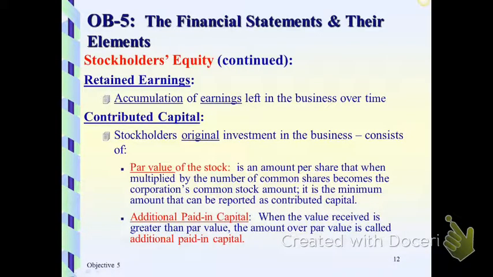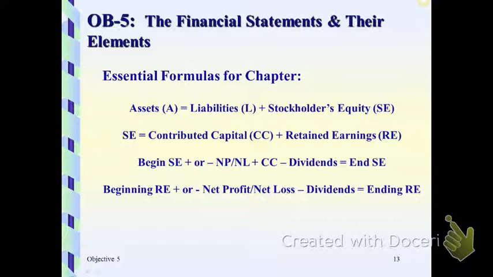Again, let's look at this in terms of formulas. I think this is always much easier to understand when you relate it to formulas. So, our essential formula here is assets equals liabilities plus stockholders' equity. We can then break out just that stockholders' equity section and focus on that. And we see that our stockholders' equity equals our contributed capital plus our retained earnings.